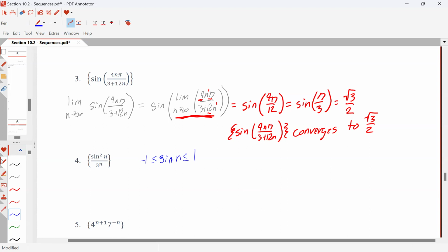But when I square something, that makes everything positive. So if I square sine, it is never smaller than 0 and never bigger than 1. Divide everything by 3 to the n, and I now have that sine squared n over 3 to the n is between 0 and 1 over 3 to the n.